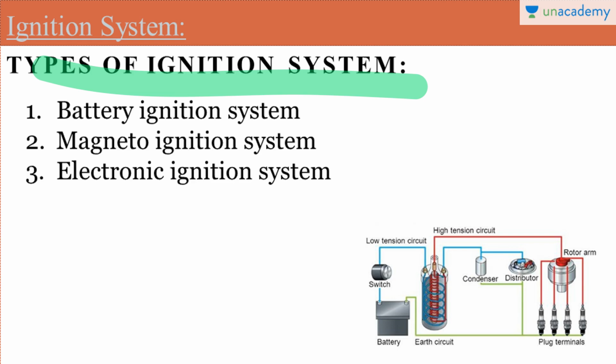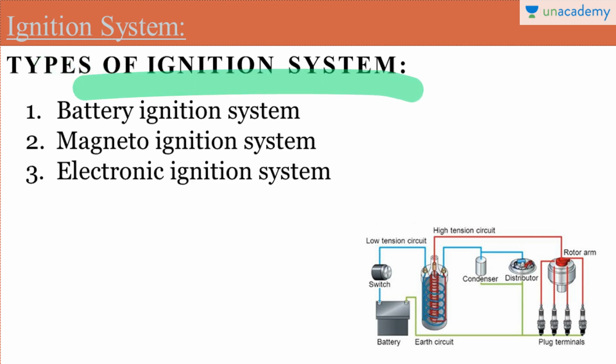Those sources are batteries, magneto, generator, etc. So the ignition systems are generally classified on the basis of the source of supply of electrical energy. So these are the basic types of ignition system.